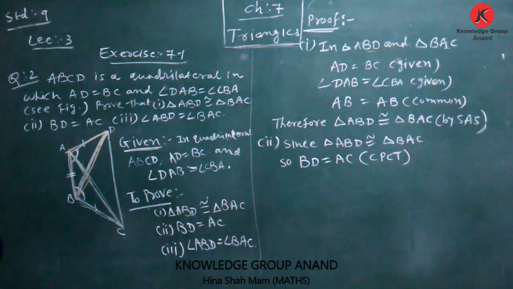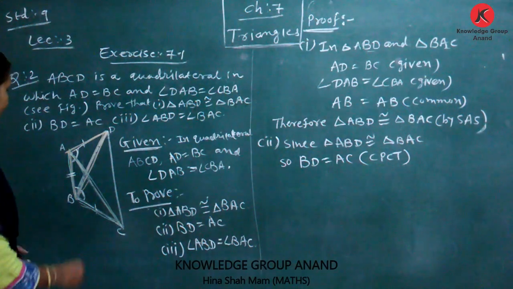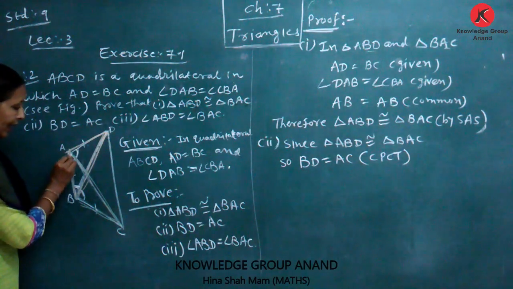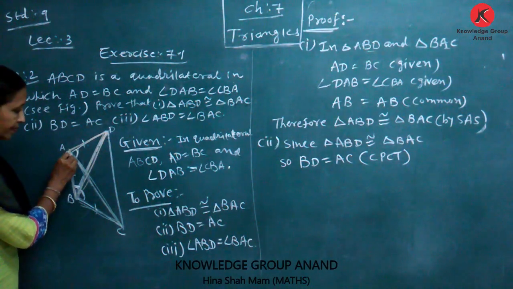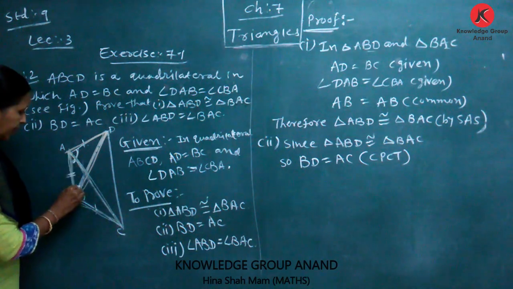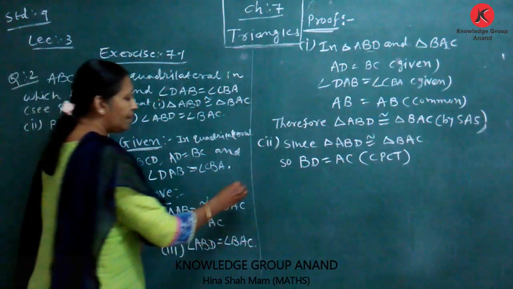Number 3, angle ABD in this triangle and angle BAC, both angles are equal.